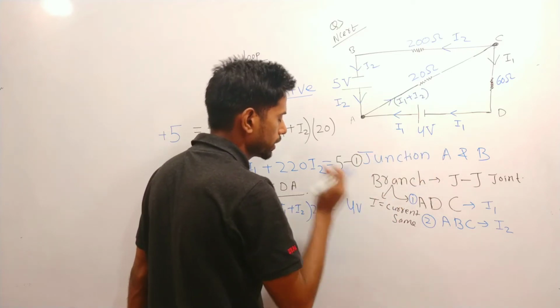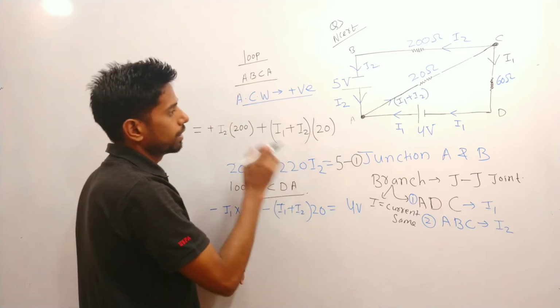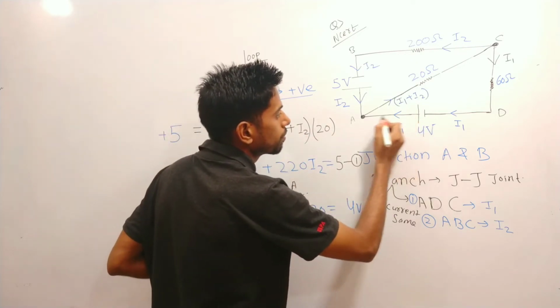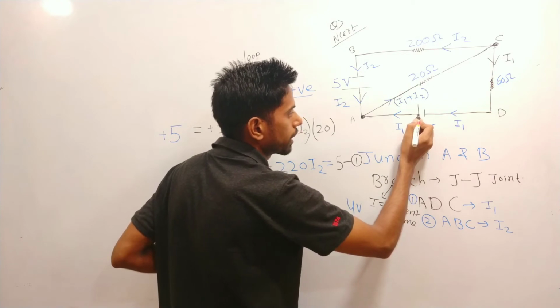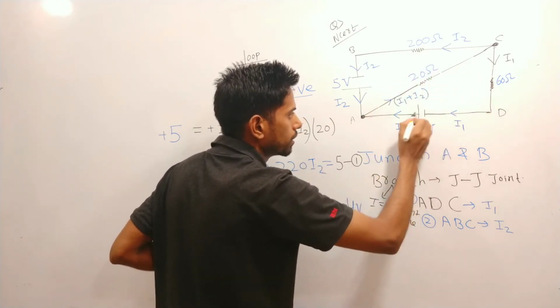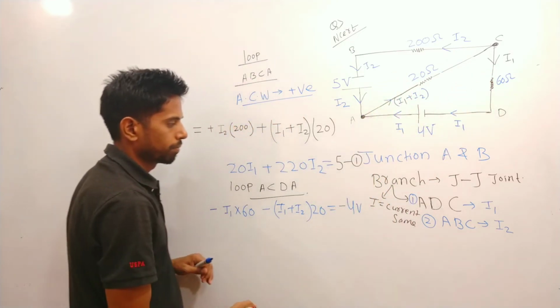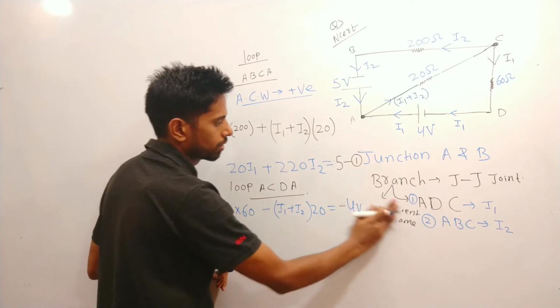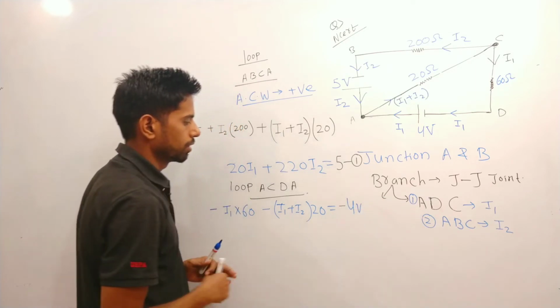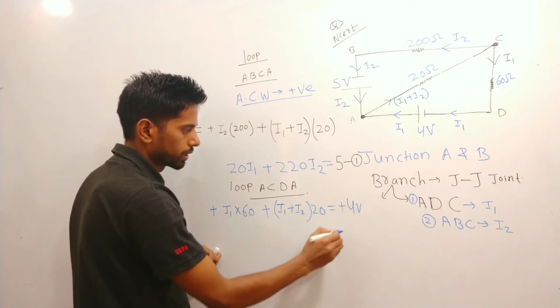Now whether 4 volt is positive or negative, you check. This is again positive because current will start flowing across the positive terminal. This is clockwise. Clockwise means negative. So what is the equation? Again positive, positive, positive.